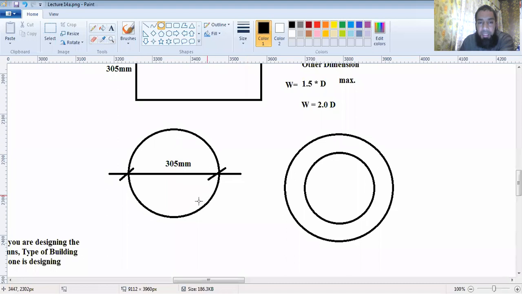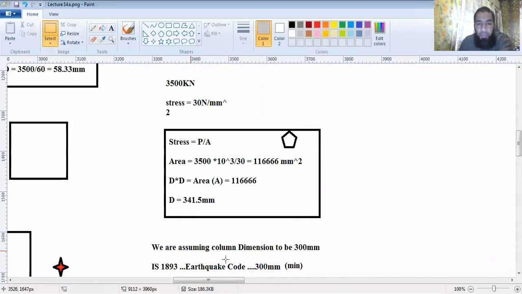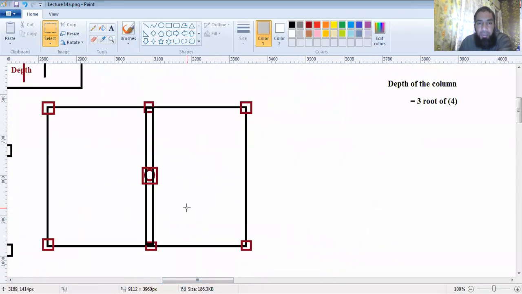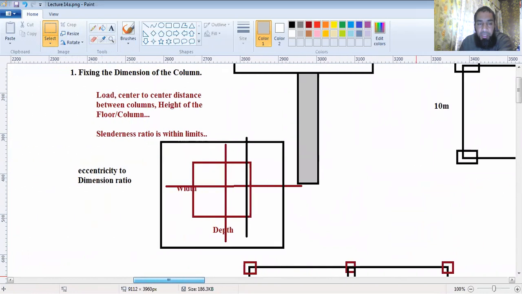Right now, we are only discussing a solid circular column. This is a solid circular column which is totally made up of RC concrete. So this is how the dimensions of the column are first of all calculated. So there are three dimensions of the column. There is a width, there is a depth, and then there is a height.